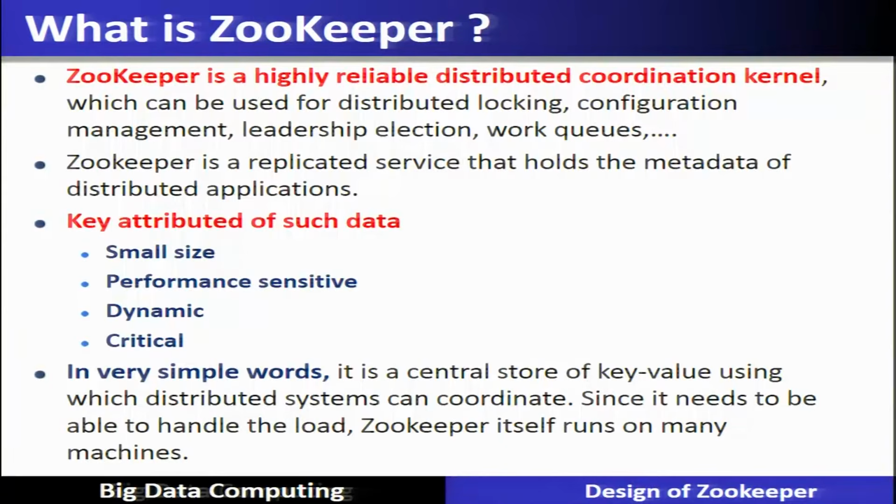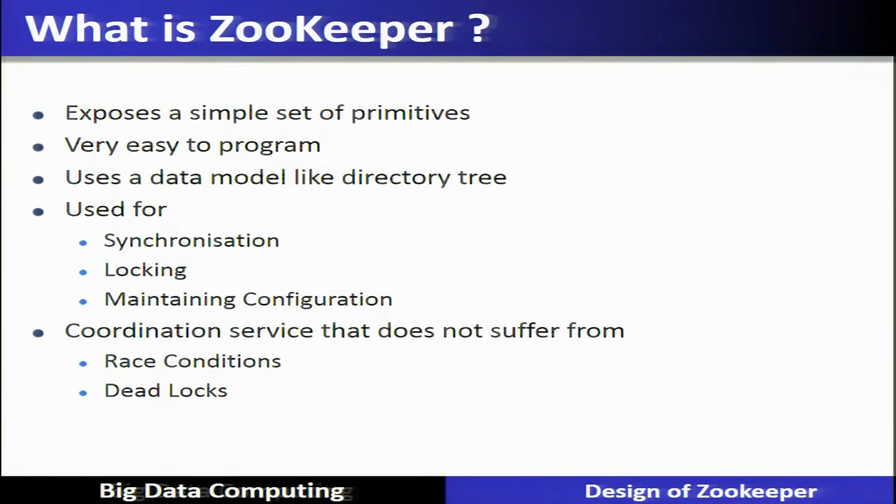So, in very simple words, the Zookeeper is a central store of key-value pairs using which distributed systems can coordinate. Since it needs to be able to handle the load, the Zookeeper itself runs on many machines. The Zookeeper exposes a simple set of primitives.